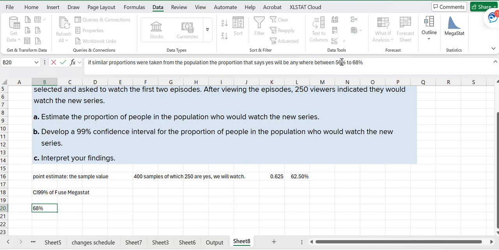That would be the value of the sample proportions.